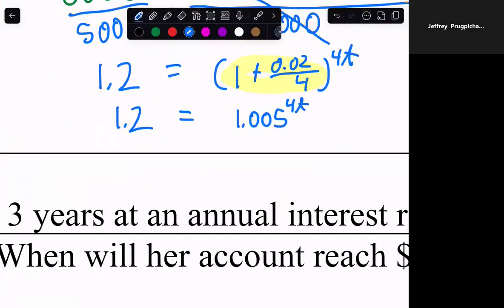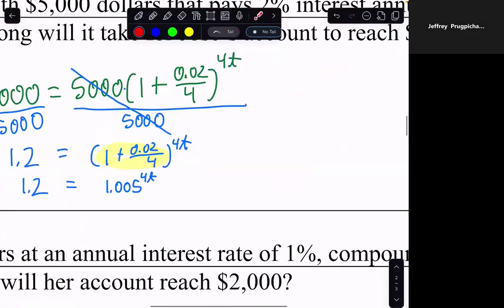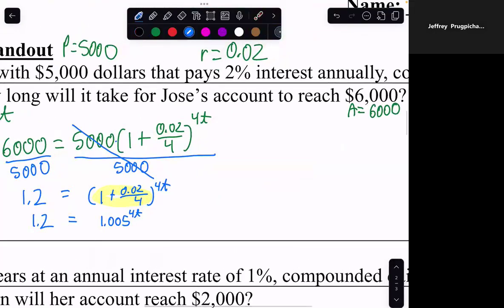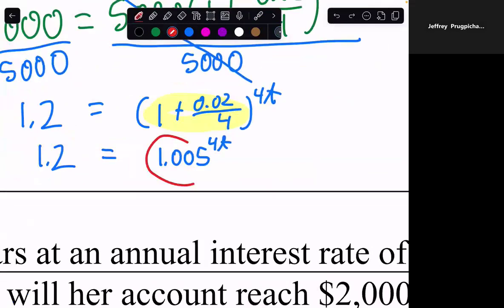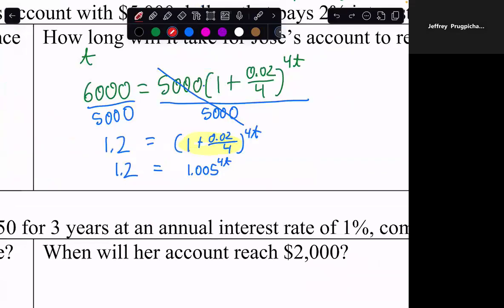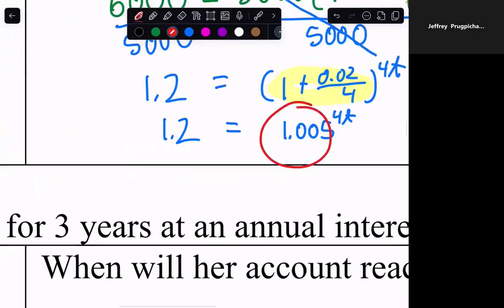Okay, so the variable is still in the exponent, so we need to cancel out the 1.005 that it's an exponent of. We learned this back in the 6.0e lesson: to undo an exponent, the inverse is a logarithm. Since we're trying to cancel out 1.005, we're going to do log base 1.005 of both sides.